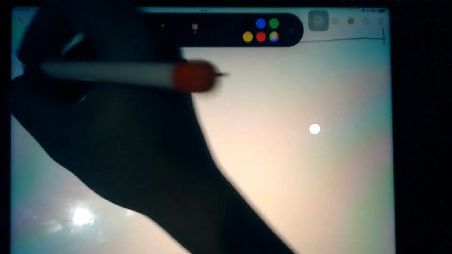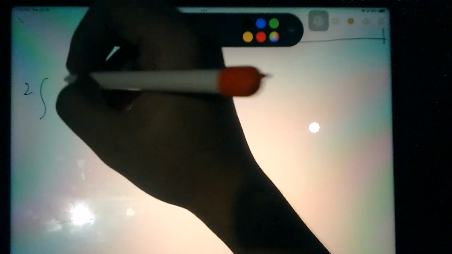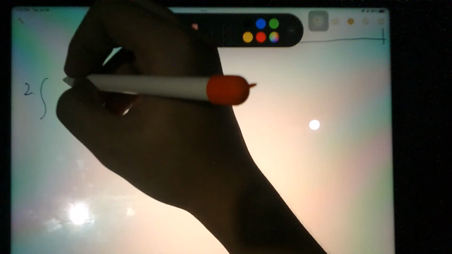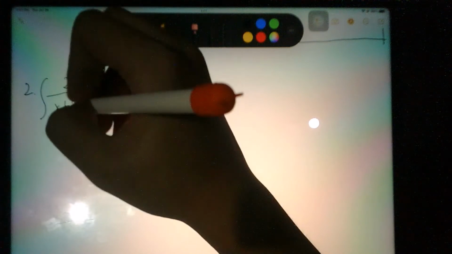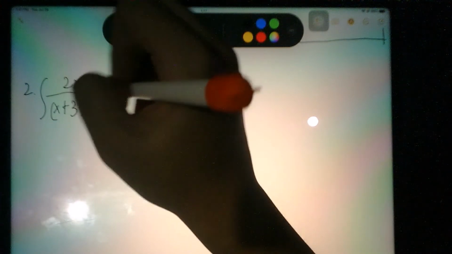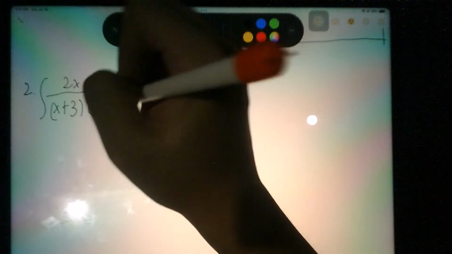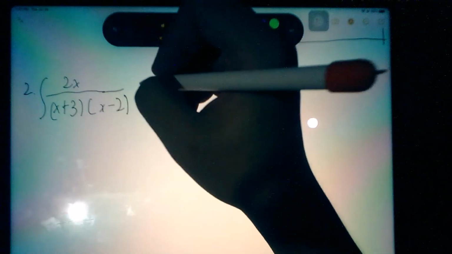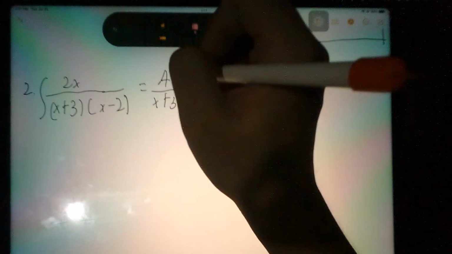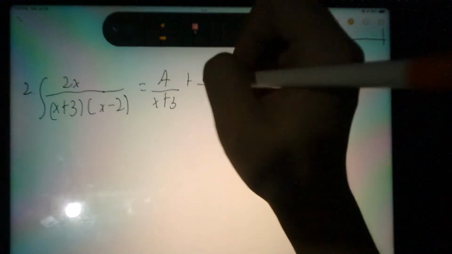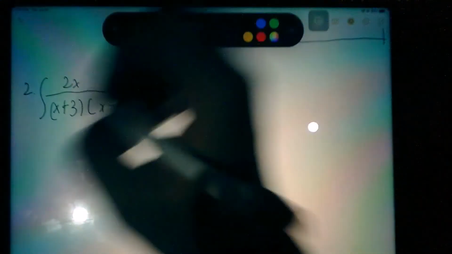Let's move on to another example. Let's say the integral of 2x over x plus 3 times x minus 2. This will become a over x plus 3 plus b over x minus 2.